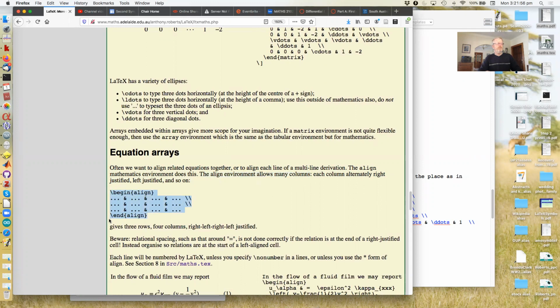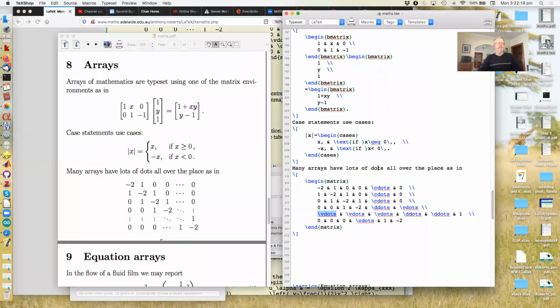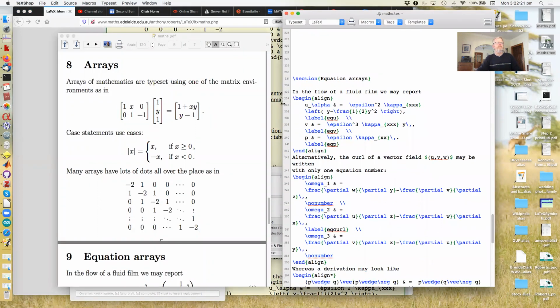But if, for example, we use the align environment like that, that would be 3 lines, 4 columns. The first and the third column would be right justified, and the second and the fourth would be left justified. Here we are.